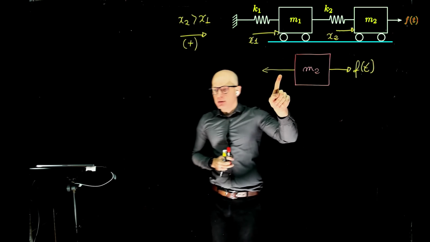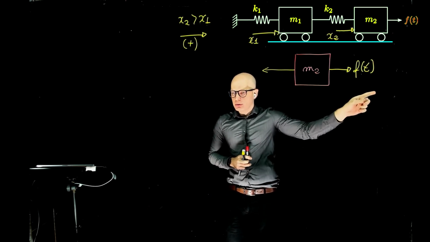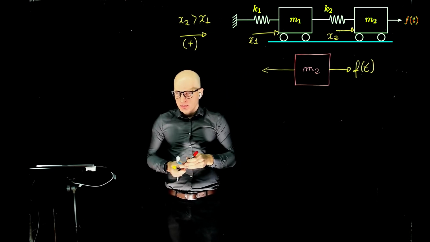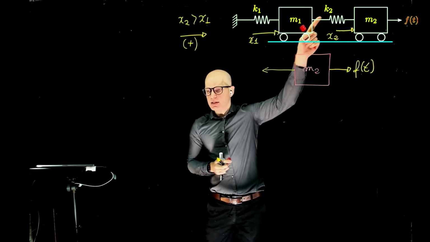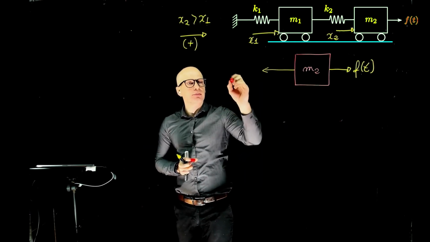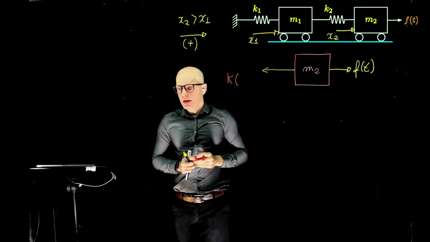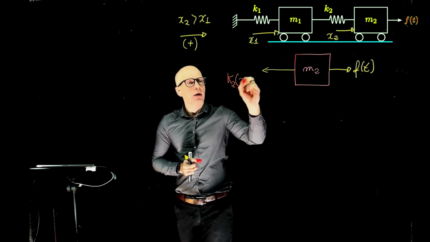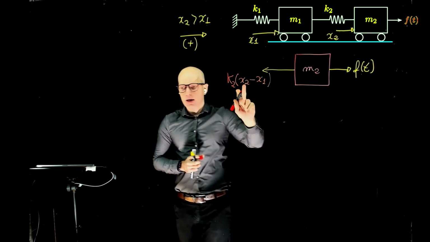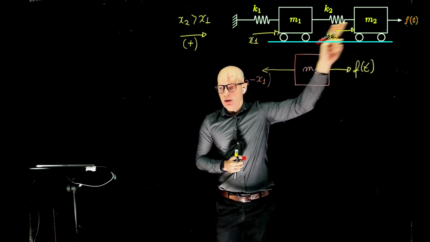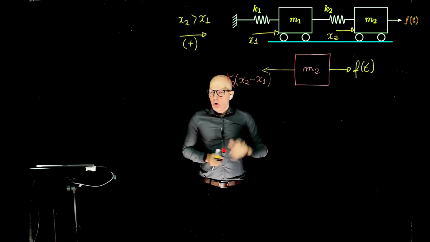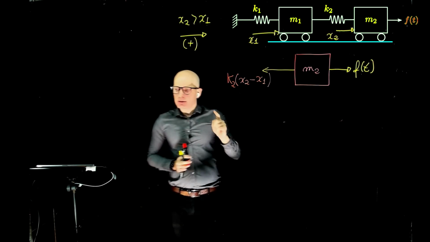So what is this force here? If mass m2 moves to the right, this force goes to the left. This force represents this spring. What is the magnitude of that force? It is k2 (x2 minus x1). x2 is the displacement on this side of the spring, x1 is the displacement on the other side. Why not x1 minus x2?